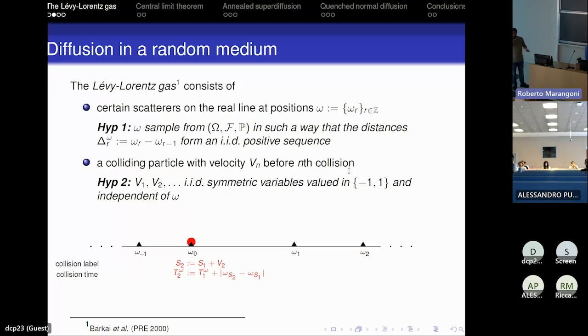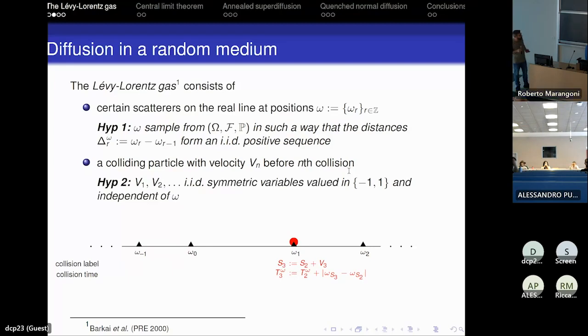It can be written as S_1 plus V_2, at the time T_2, which is T_1 plus the distance between the previous obstacles, and so on and so forth. You draw V_3 and you get, for example, 1. So this means that in the second collision, the particle is not reflected as before, but is transmitted and continues to move toward the right until it reaches the third obstacle with label S_3, which is 1 in this example, at the time T_3.